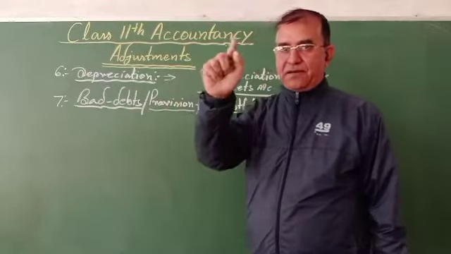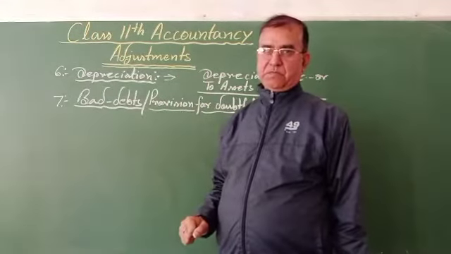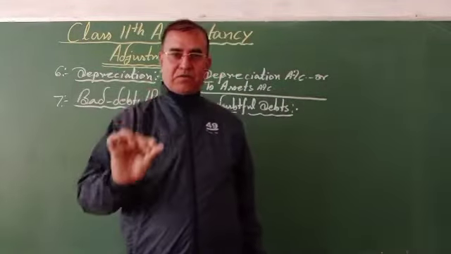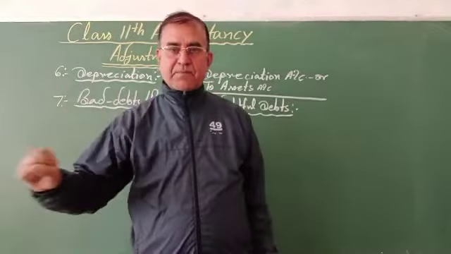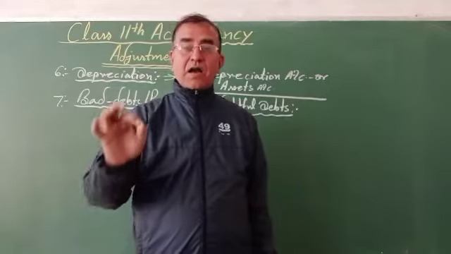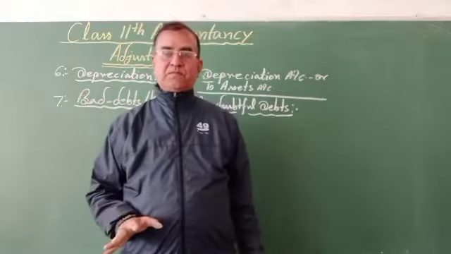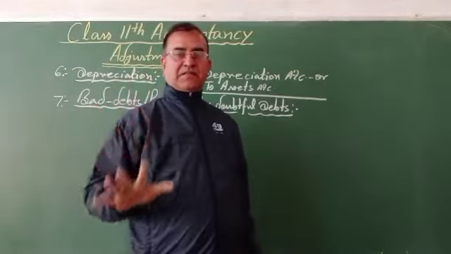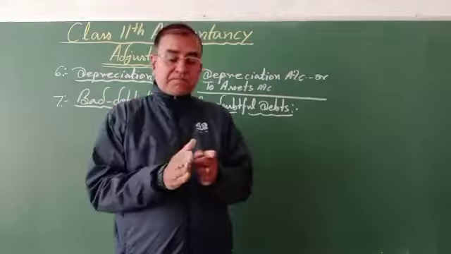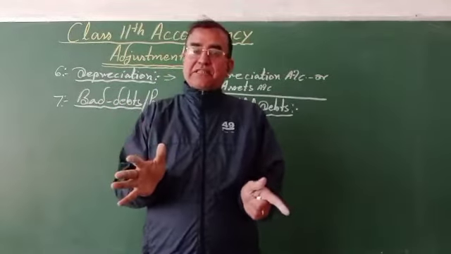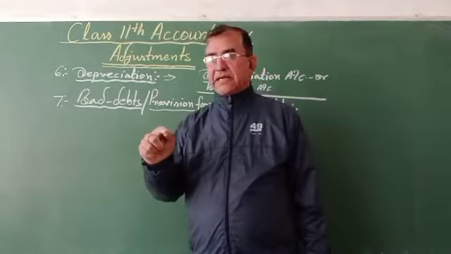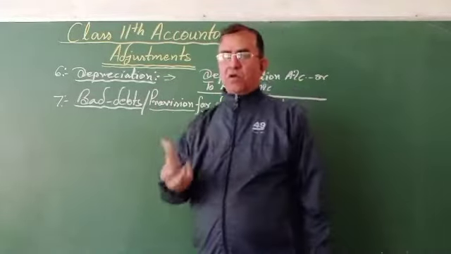And a certain sum of amount set aside against the profit for unknown liabilities, that is called reserves. Both items are surplus for the organization, but provision is made for known liabilities and reserves for unknown liabilities.